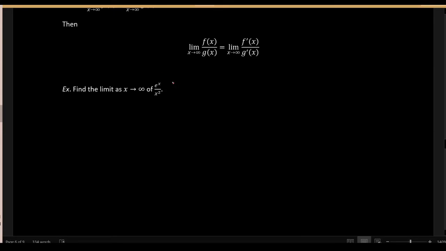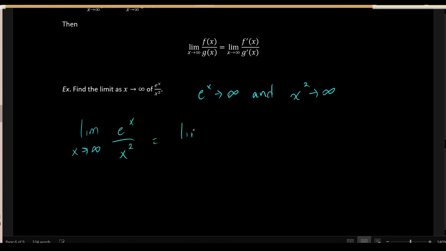For example, we have here e to the x divided by x squared. As x goes to infinity, both the numerator and the denominator go to infinity. So L'Hopital's rule says that if you want the limit of e to the x divided by x squared, you could just as easily calculate the limit of the derivative of e to the x divided by the derivative of x squared.